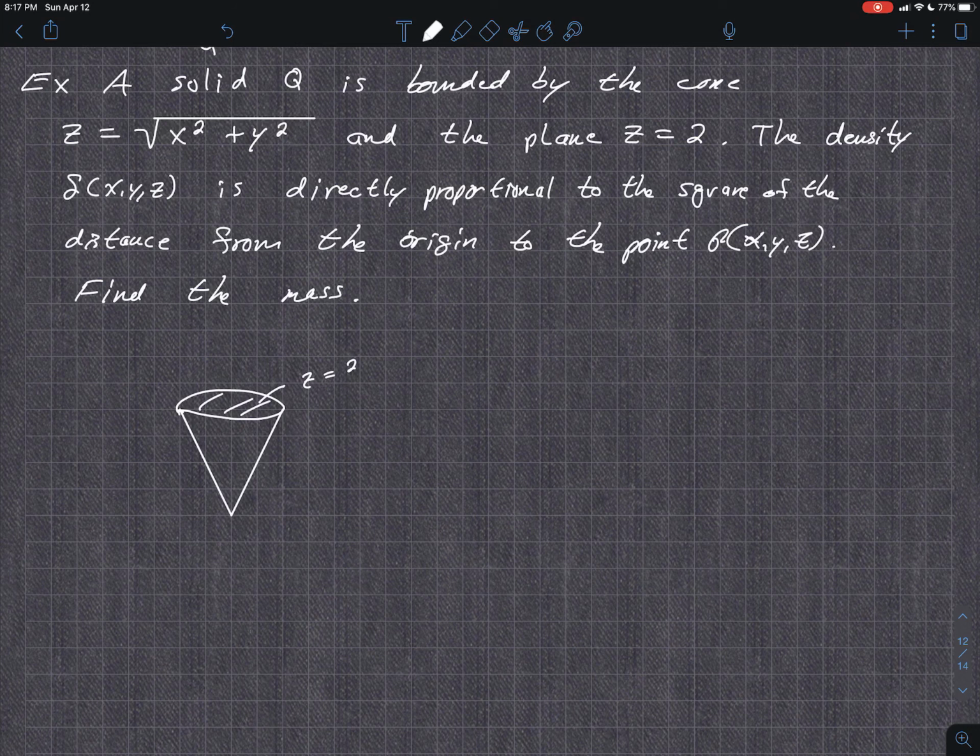Here's your cone. The lower function is z equal to the square root of x squared plus y squared. All right, so then we have, oh, wait a second.